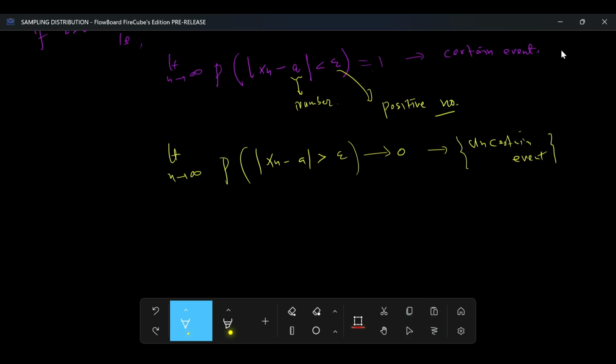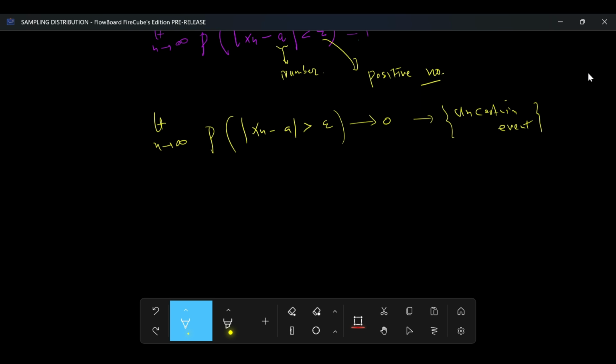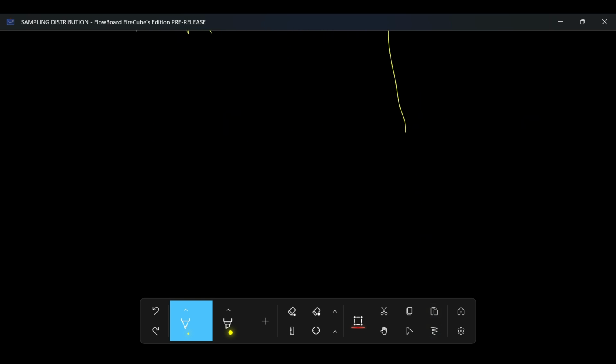So now let's talk about some notations of this convergence in probability.